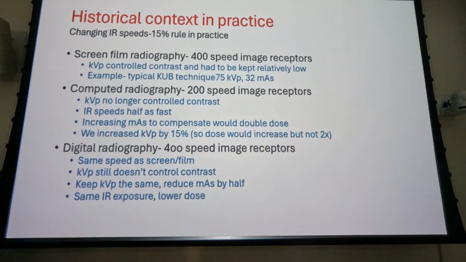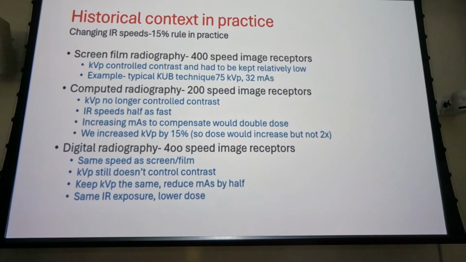So here's my opinion on kVp levels and the things that we do to adjust image receptor exposure. Why not use more kVp? Why are we still using an increase in mass to affect a change in image receptor exposure?